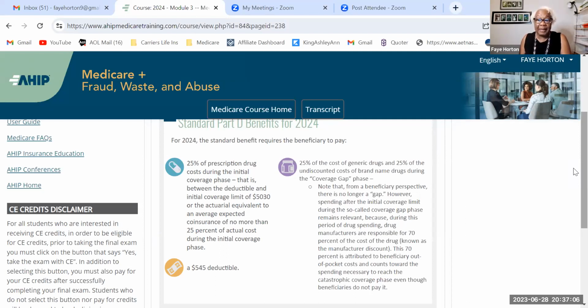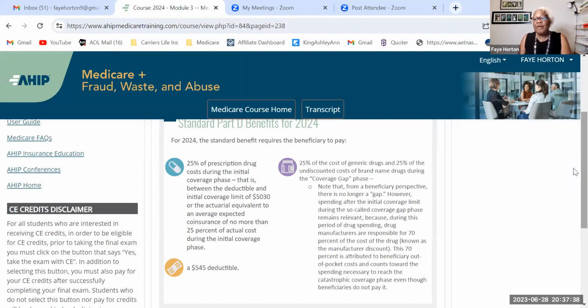Most of your plans that are in the Medicare Advantage plans may or may not have a deductible, and then that initial coverage phase is generally a coinsurance or a copay, depending on the tier, until the individual reaches the $5,030.